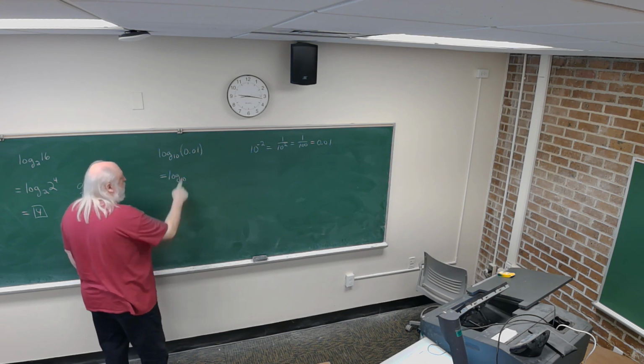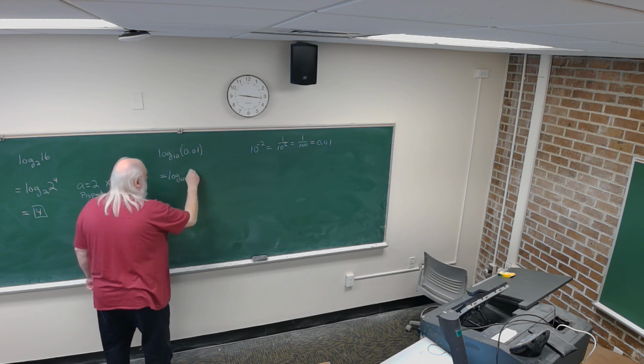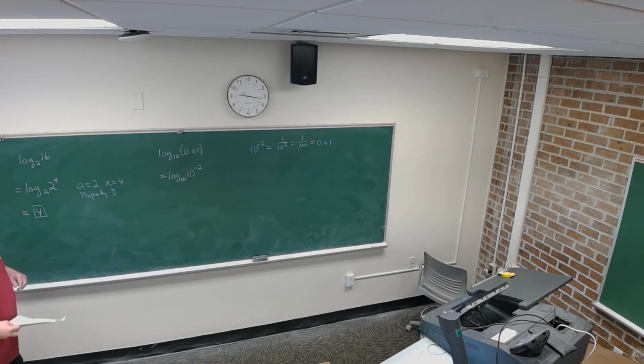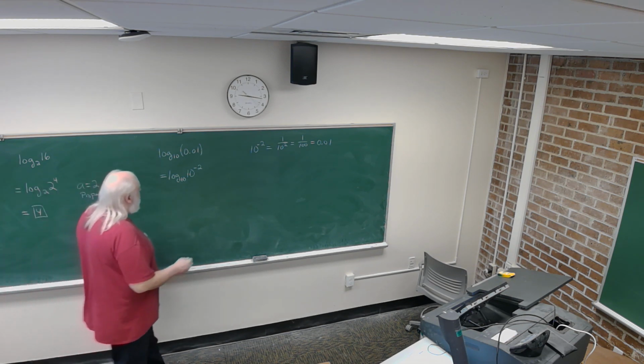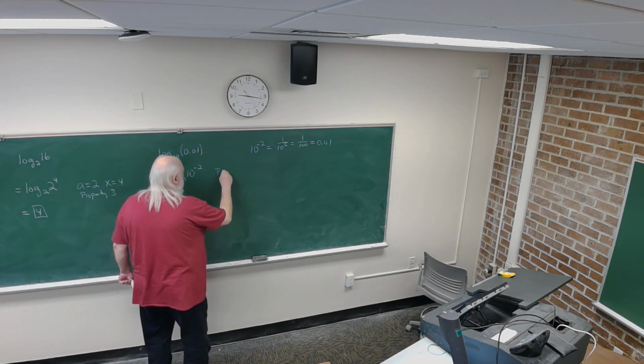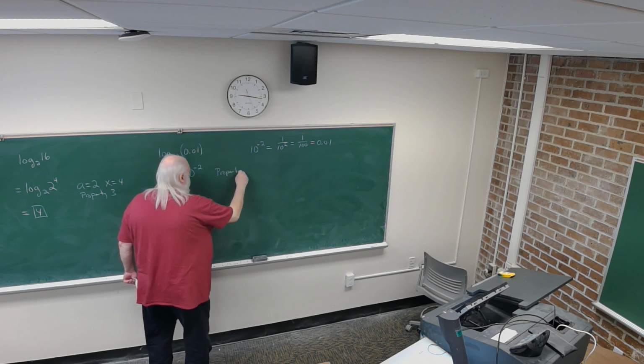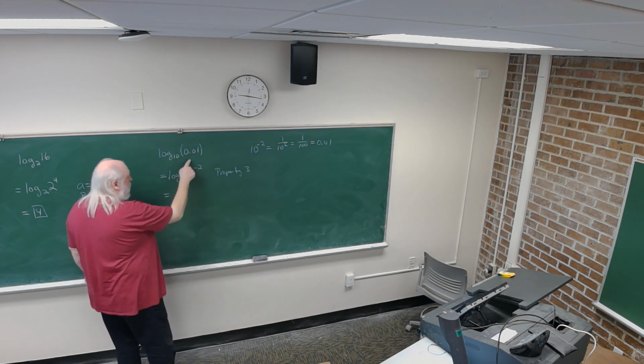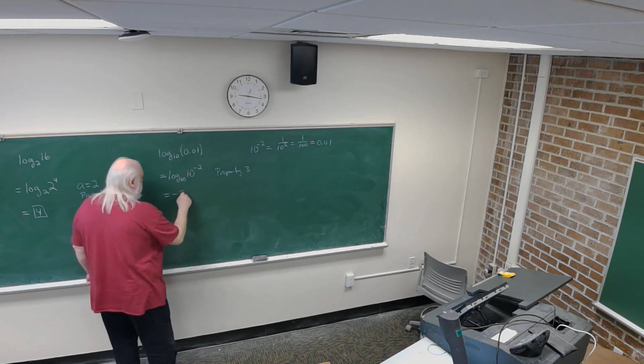So we can replace 0.01 with 10 to the minus 2 power. And so then again, by property 3, this log base 10 of 0.01 is just equal to minus 2.